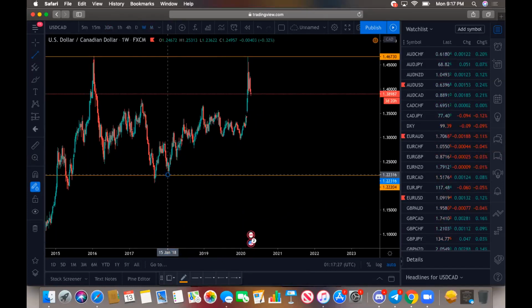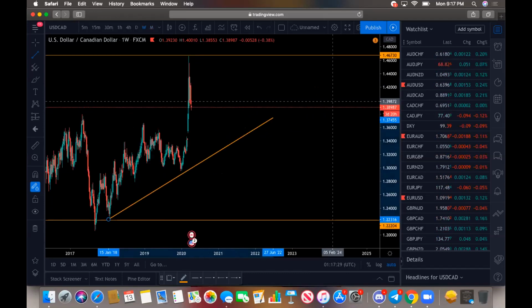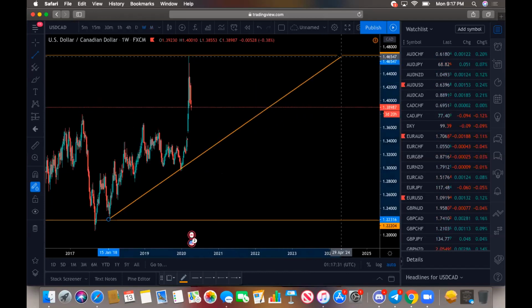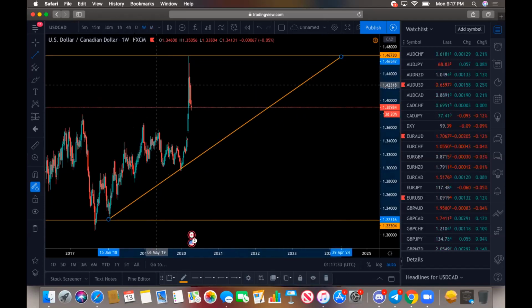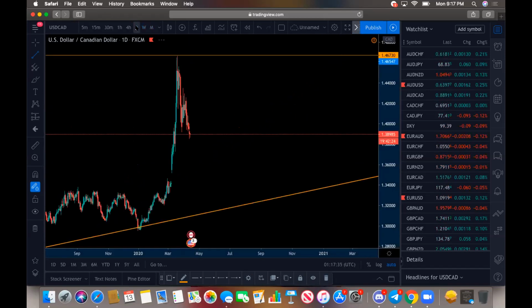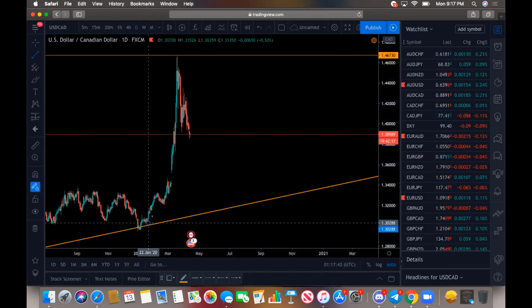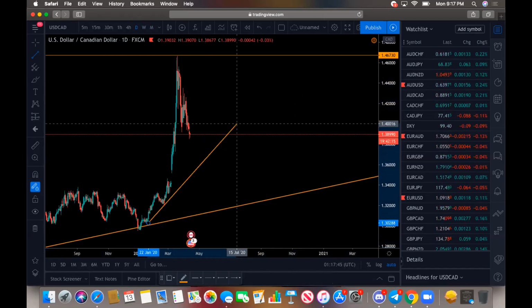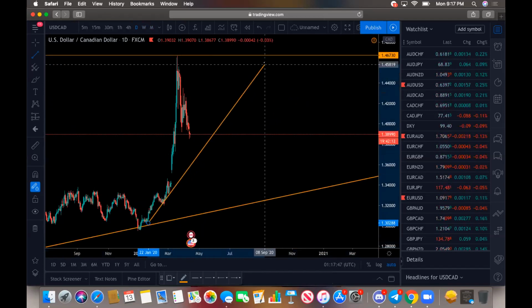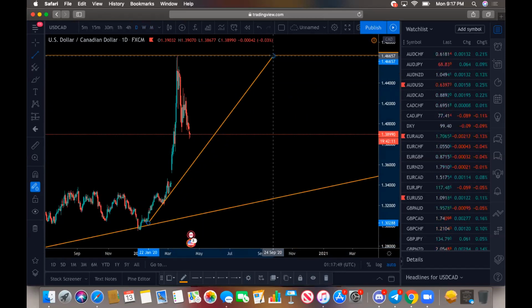On this time frame, I see an uptrend. I'm going to go down to my daily. I'll mark up this uptrend. We are due for that correction. I see that.